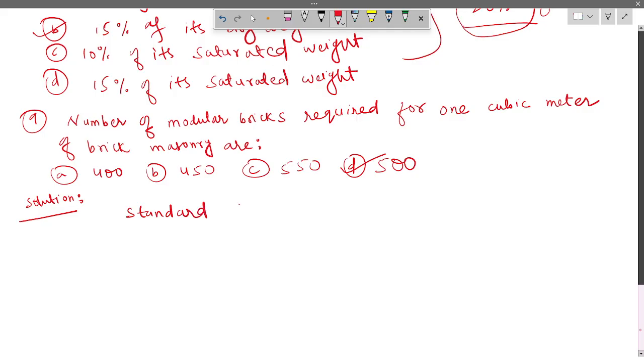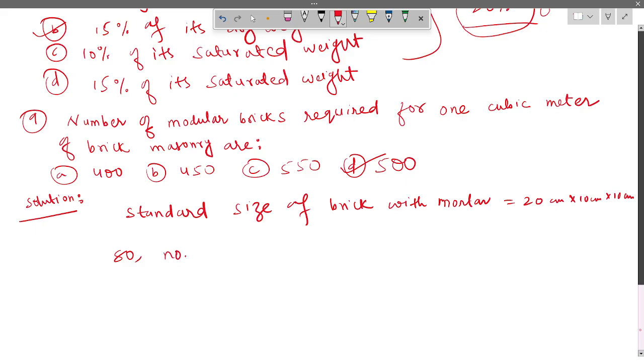The standard size of the brick with mortar will be 20 centimeter into 10 centimeter into 10 centimeter. Okay, with mortar. Now the number of bricks in 1 cubic meter.